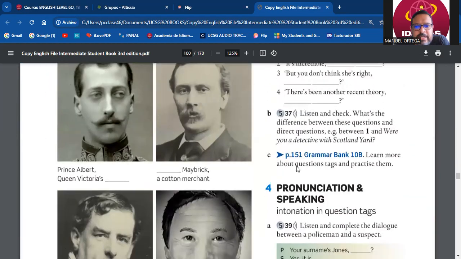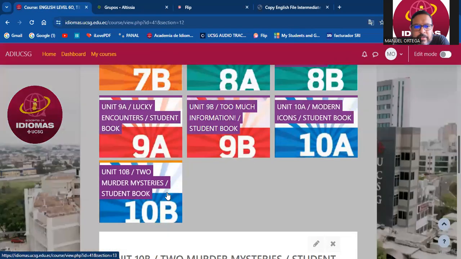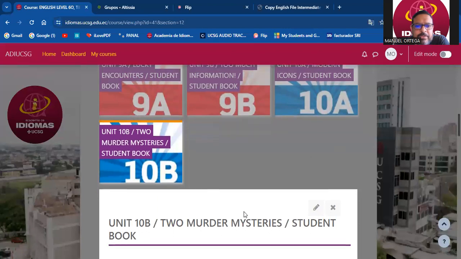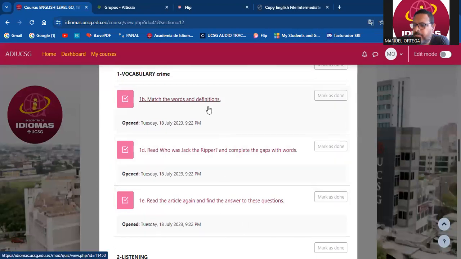We have the listening section, then we go up to the grammar. But let's take a look what order we have in here in 10B. In 10B, we're gonna start with the section of vocabulary.